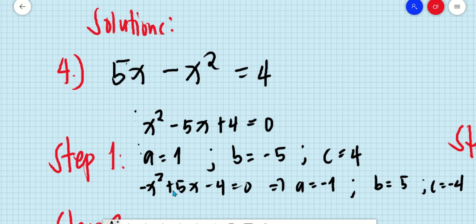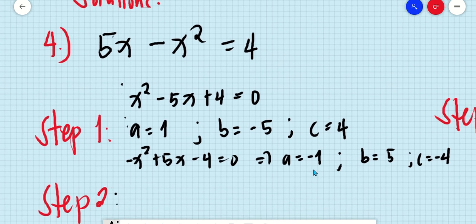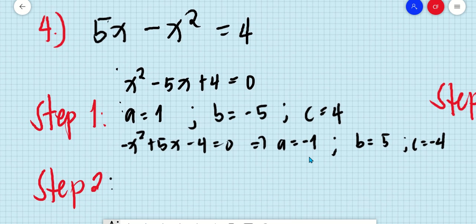Negative 1 times positive 5x, negative 5x, right? And negative 1 times negative 4, positive 4. Kahit alin dyan sa dalawa, pwede nyo gamitin. Nagkataon lang kasi dito negative yung quadratic term natin. Unlike dun sa example natin kanina, positive yung x squared, so hindi tayo nagkaroon ng dalawang value para kay a, b, and c.